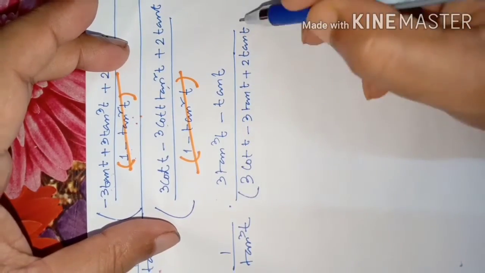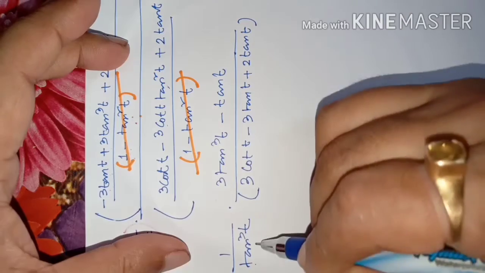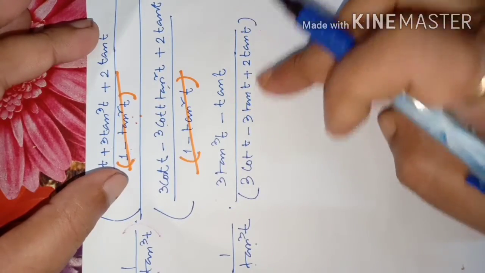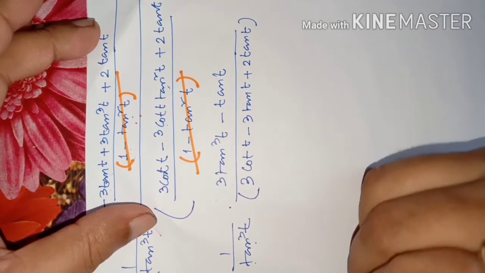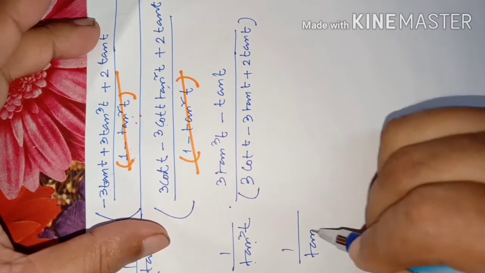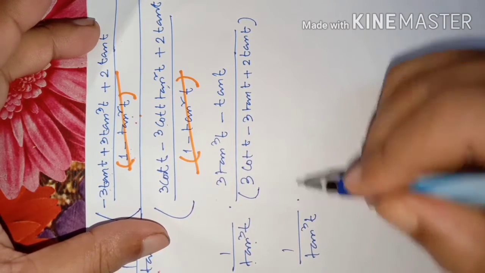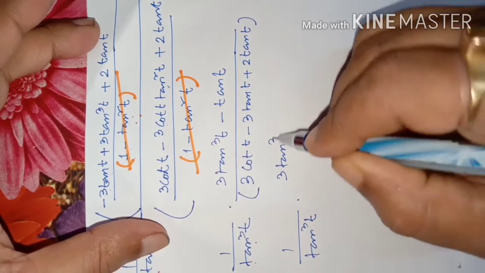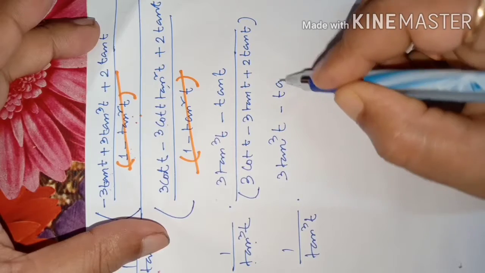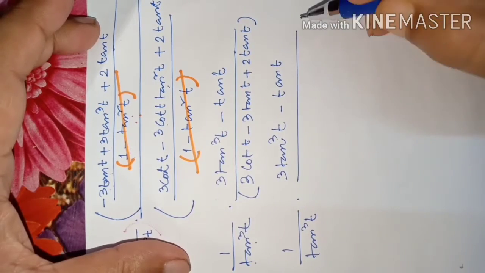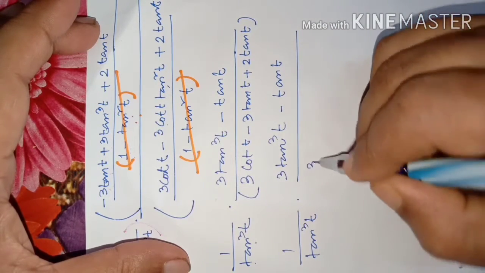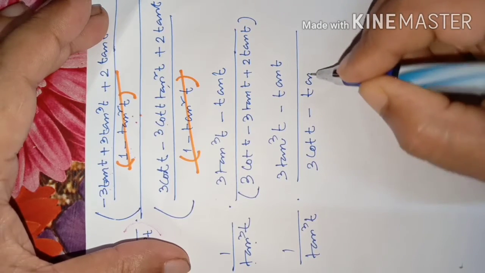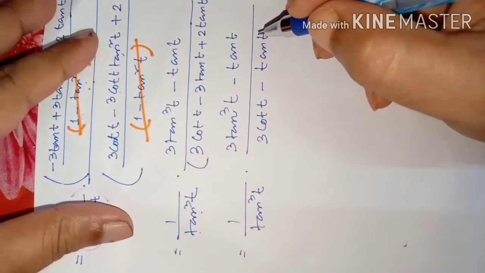So you see here, with the denominator you can multiply this tan cube t over this, no? But before that we would like to combine 3 tan t and 2 tan t. Okay, so we'll get like this 1 by tan cube t into here 3 tan cube t minus tan t divided by 3 cot t minus tan t. We can do one thing here.